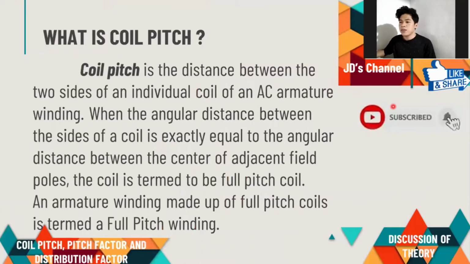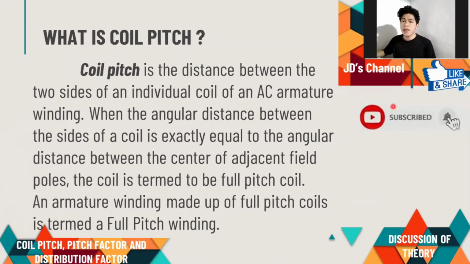Okay, so what is the coil pitch? Coil pitch is the distance between the two sides of an individual coil of an AC armature winding. So that is the coil pitch.